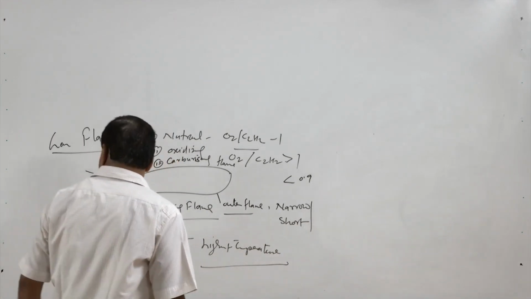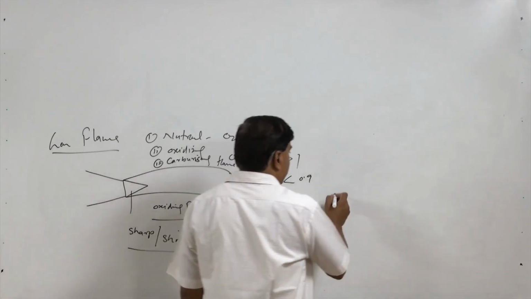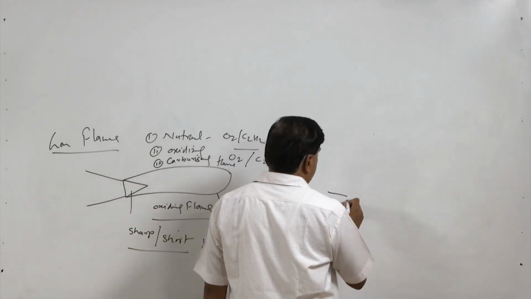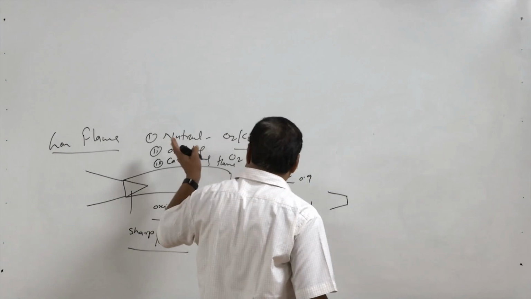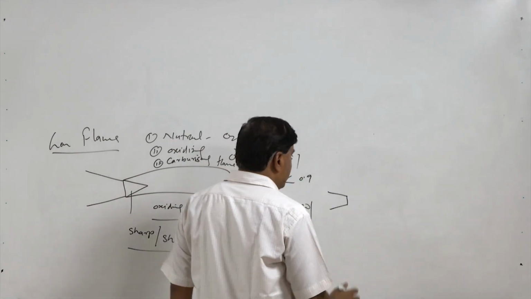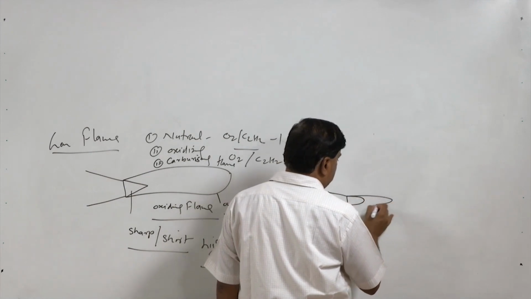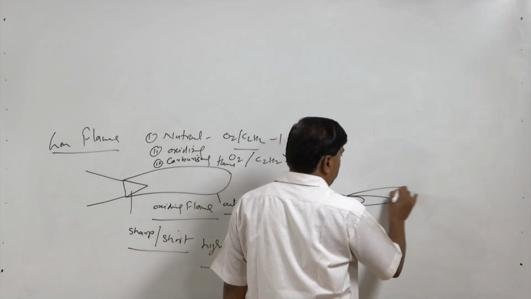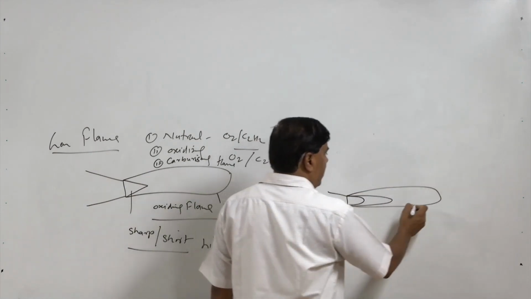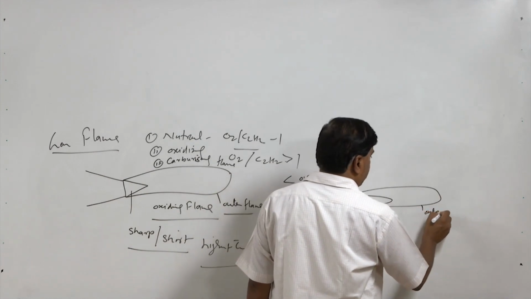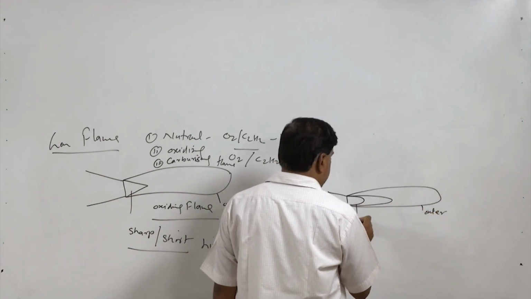When the situation changes, and we have a higher percentage of acetylene, then apart from the inner cone, an intermediate cone is also observed between the outer and the inner cones.